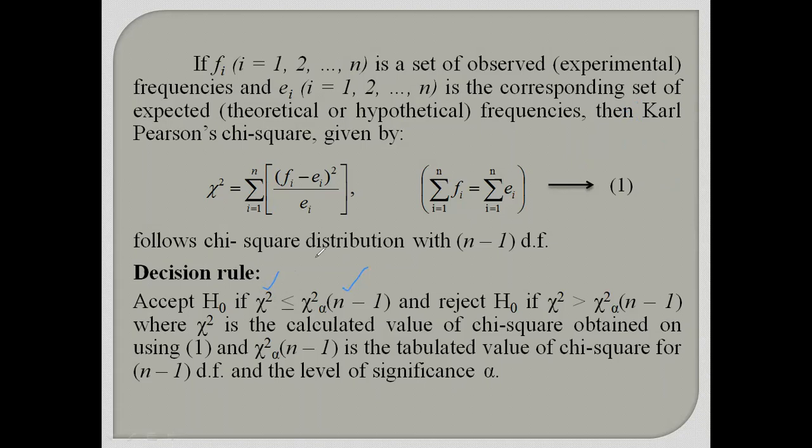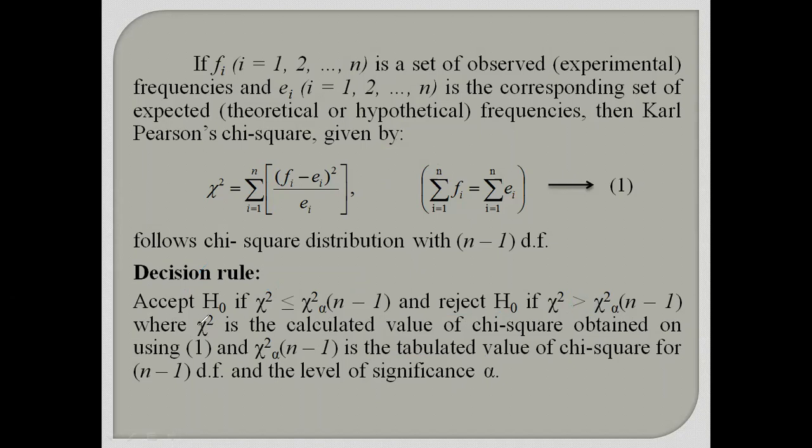If the tabulated value is greater than the calculated value, then we can accept the null hypothesis. Otherwise, if the tabulated value is less than the calculated value, then we can reject the null hypothesis. Here the calculated chi-square is the value obtained using equation 1, and the tabulated value for the level of significance and degrees of freedom is chi-square alpha of n minus 1.